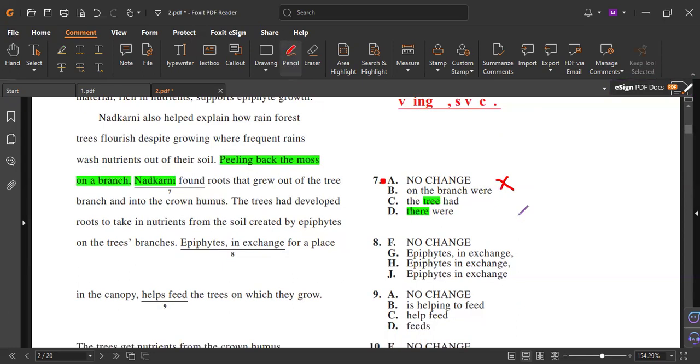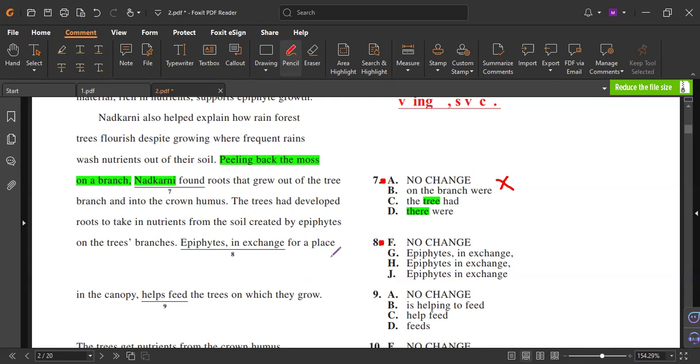Now number 8, have a try. No change. No change, it's correct.